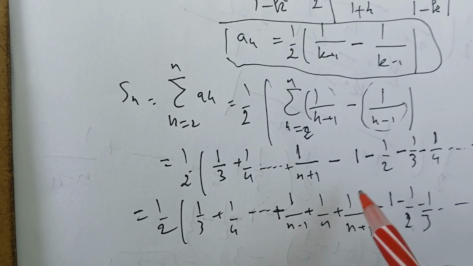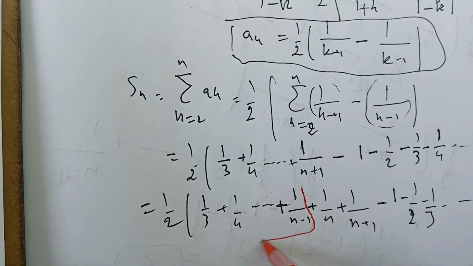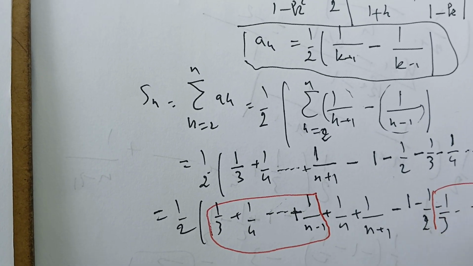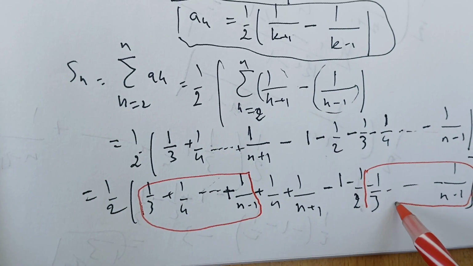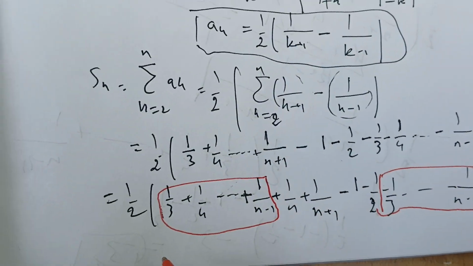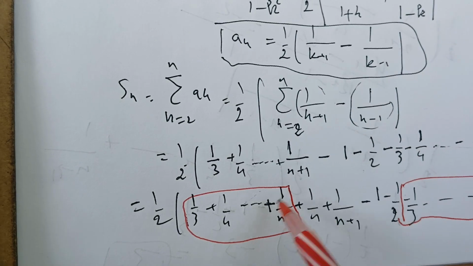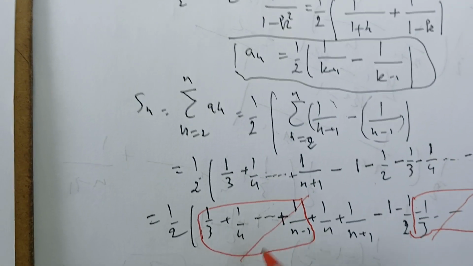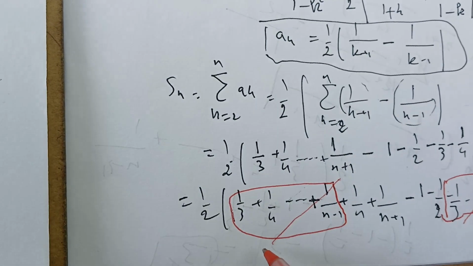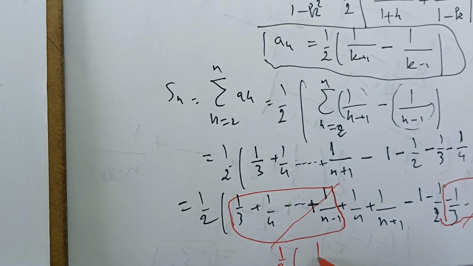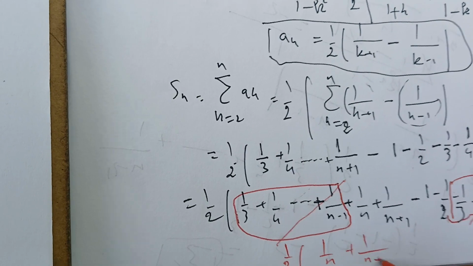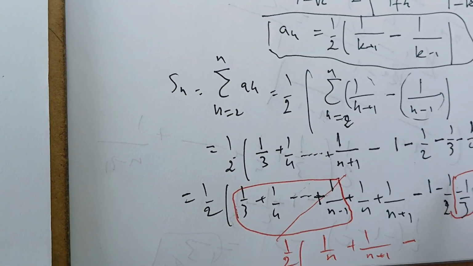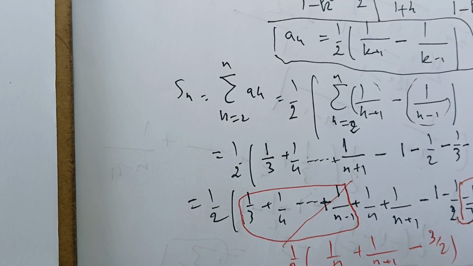From here to here, and from here to the end of this one, this one is going to cancel. All of this is going to go. What's going to be left? 1/2, 1 over n plus 1 over n plus 1, minus 1 minus 1/2, which is minus 3/2.